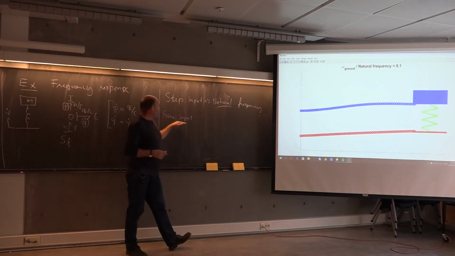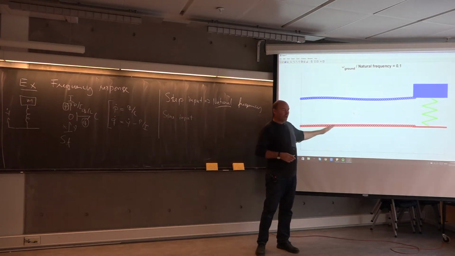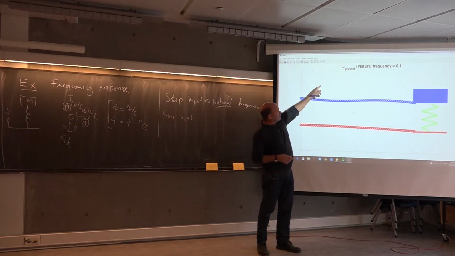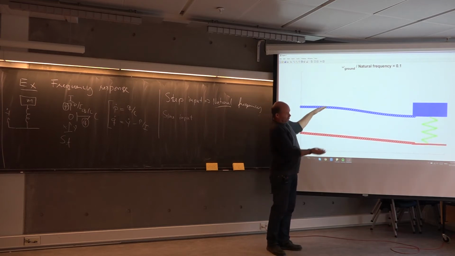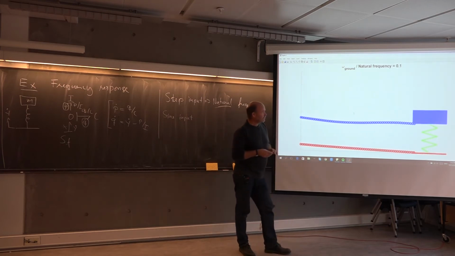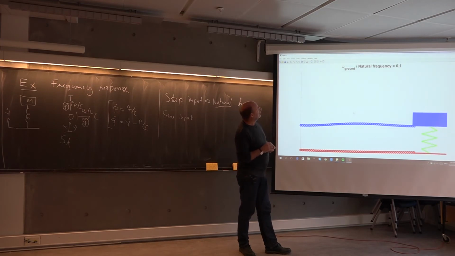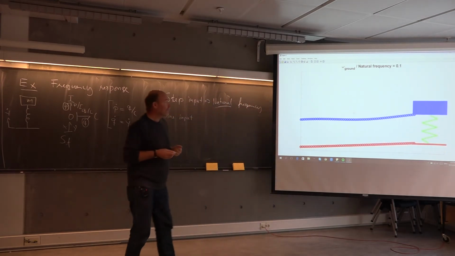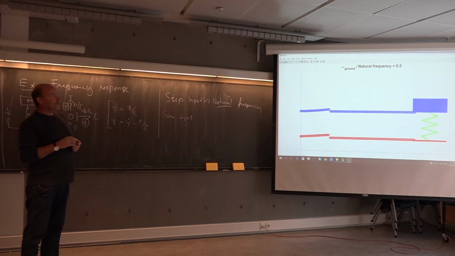And then I start with sine input. So now the plate is moving with a harmonic motion, and now it's very slow. You see the ground frequency is 10% of the natural frequency of the mass. So it's more or less parallel with the ground here. Now we are at 50%.